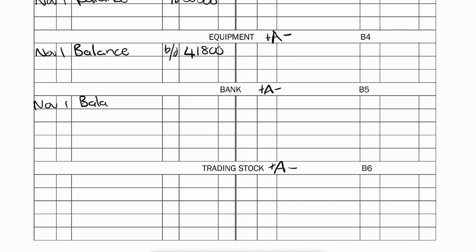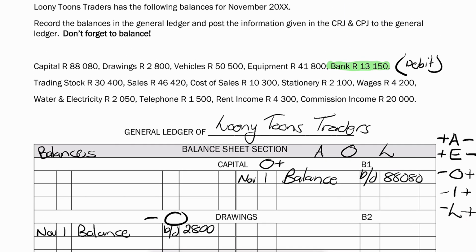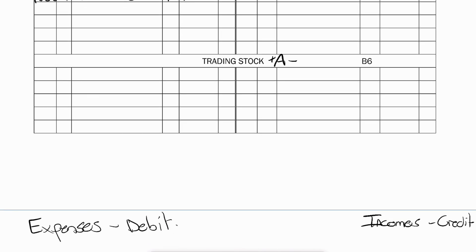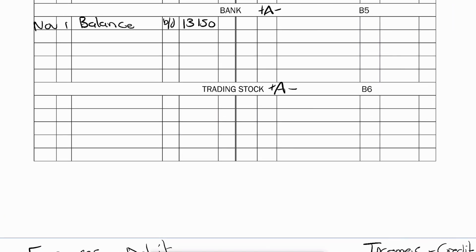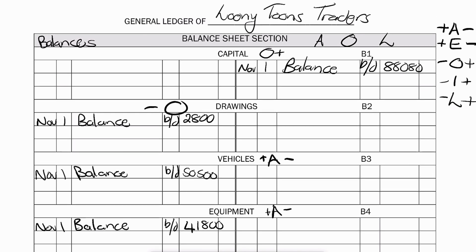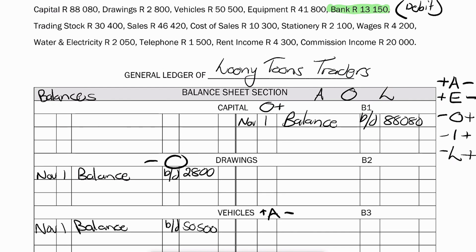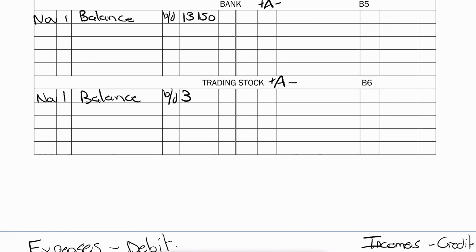We are not in overdraft. This is the money we have in our bank account, and this was 13,150. Okay. Finally, our final balance sheet section account is trading stock, which is also an asset. We use the debit side for the balance brought down, and our balance for trading stock, we go up and have a look, was 30,400. So we stick that in.